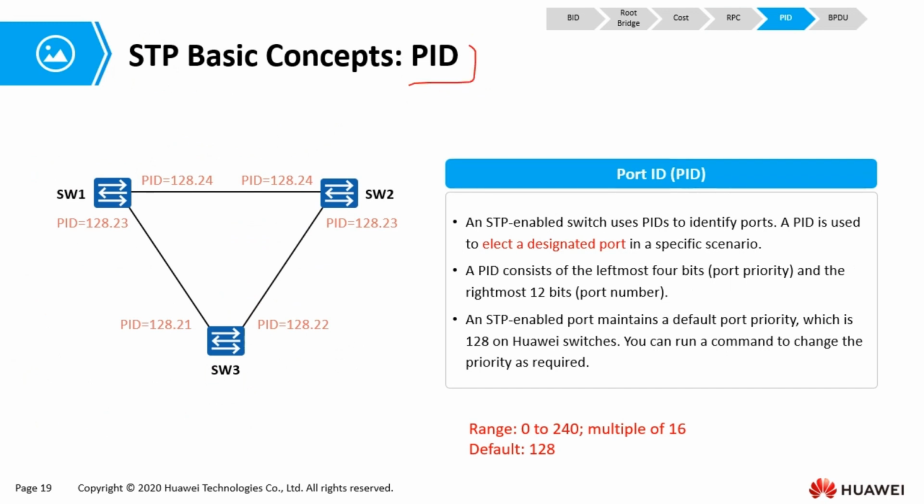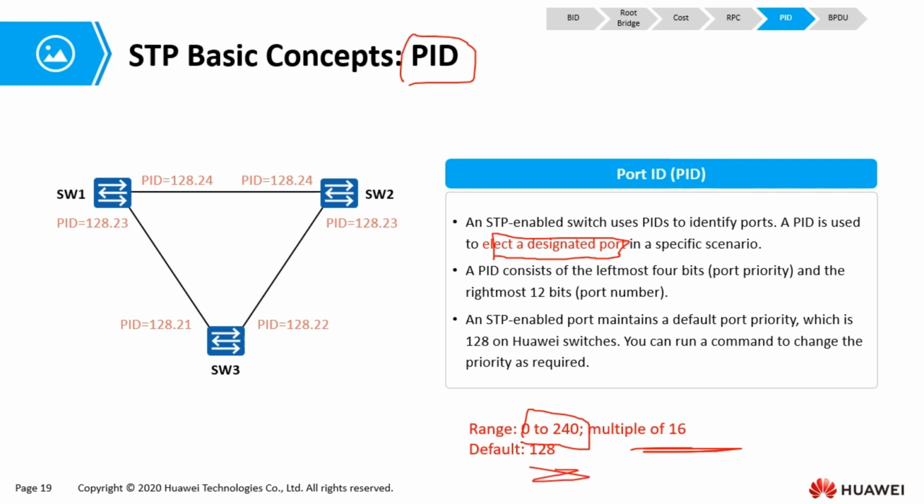Next, we look at the port ID. Basically, the port ID helps in the election of the designated port. The port ID ranges from 0 to 240, it should be a multiple of 16, and the default value is 128.